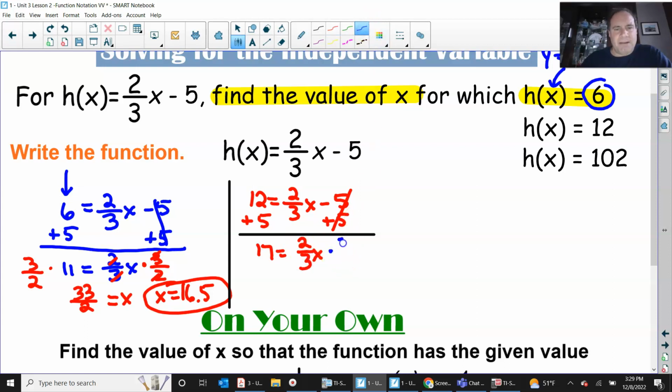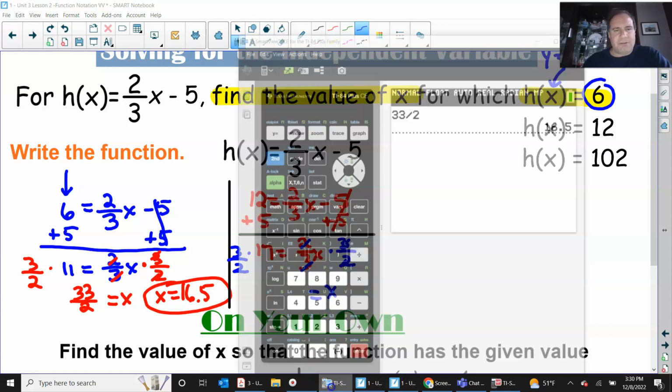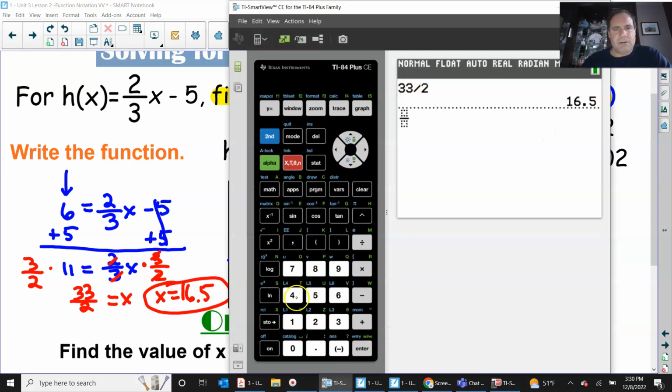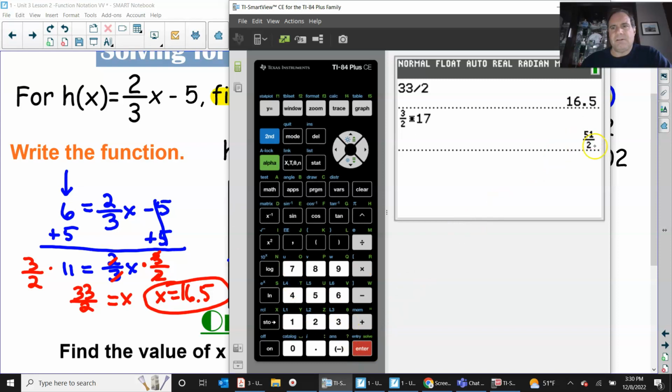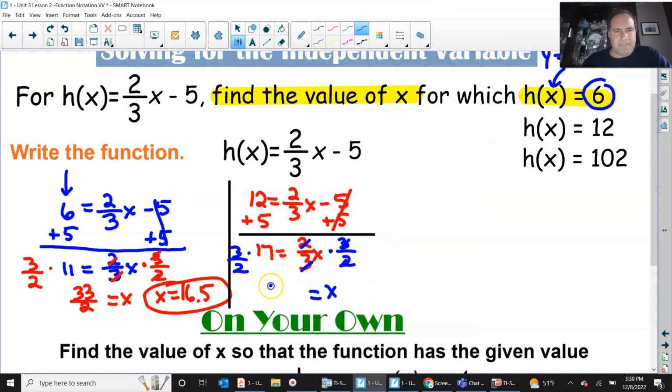You multiply by the reciprocal. This cancels with this, this cancels with this. X comes down, equals, and we use our calculator: 3 over 2 times 17. Enter. 51 over 2. I'm going to convert that real quick. 51 divided by 2 is 25.5. That is my answer.